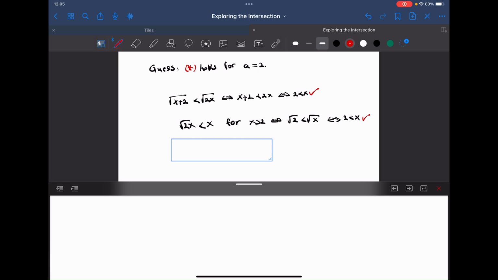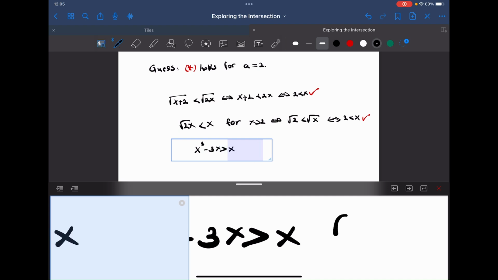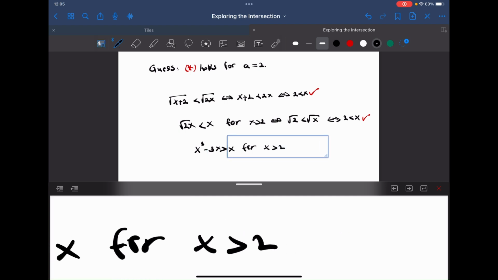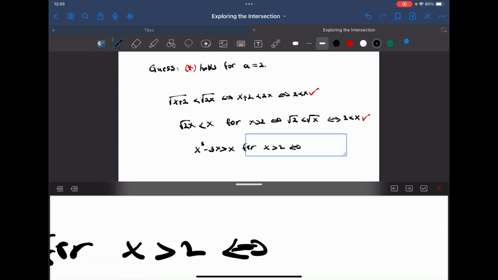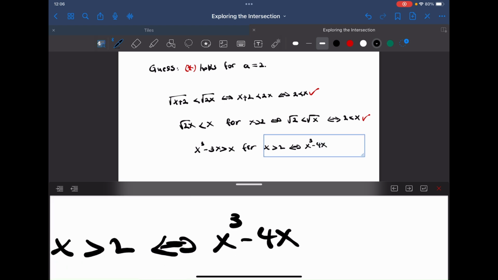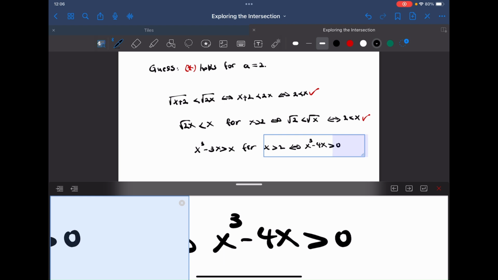So I'm left to prove what? I'm left to prove that x to the power 3 minus 3x is larger than x for x larger than 2. And this holds if and only if x to the power 3 minus 4x is larger than 0.